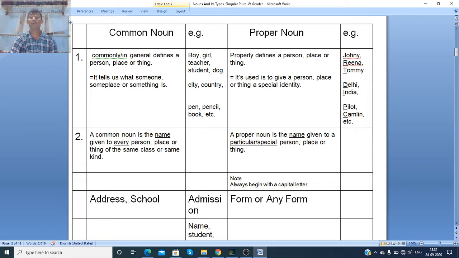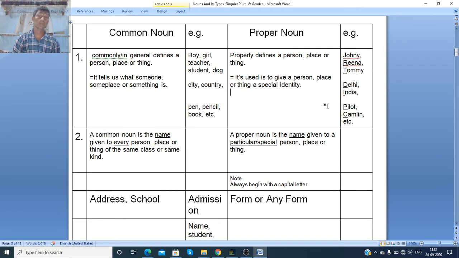Like when we talk about place and thing, and then we talk about a person or animal. When we talk about place, there is no other city Delhi. There is no other country named India.